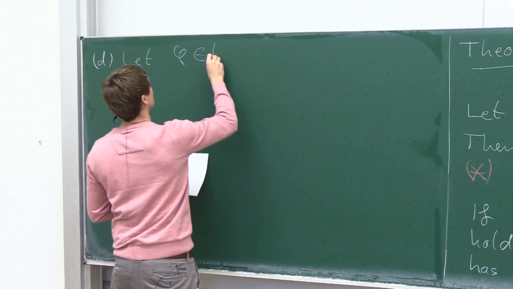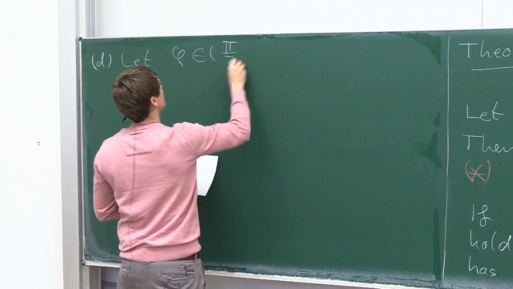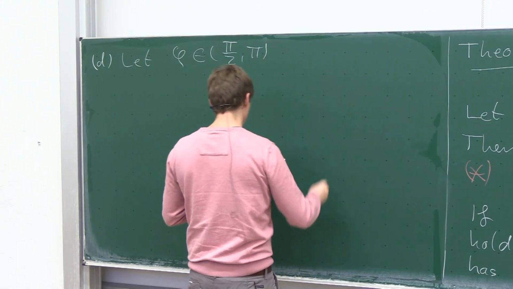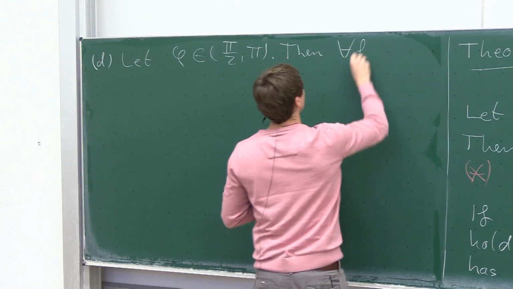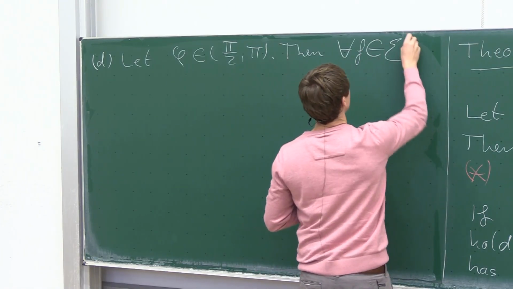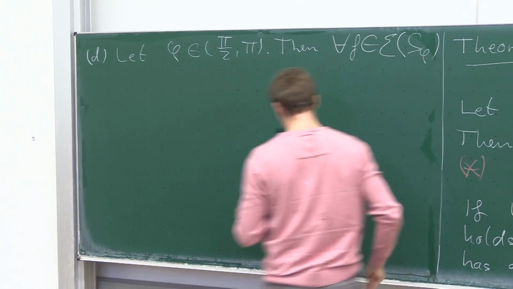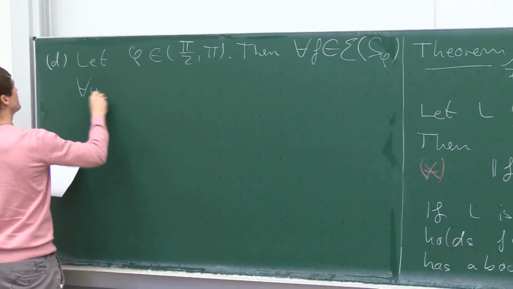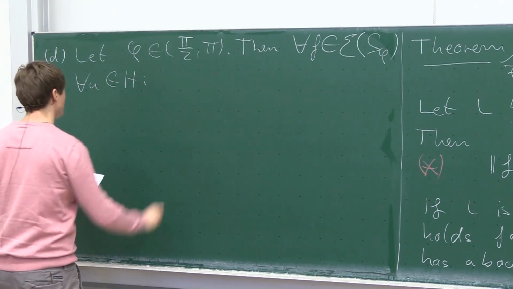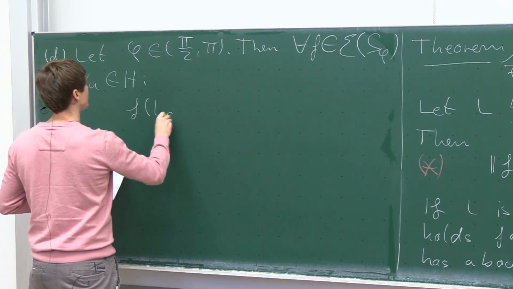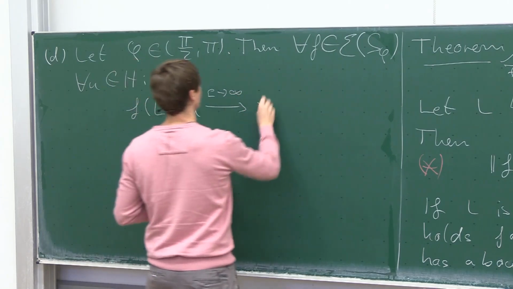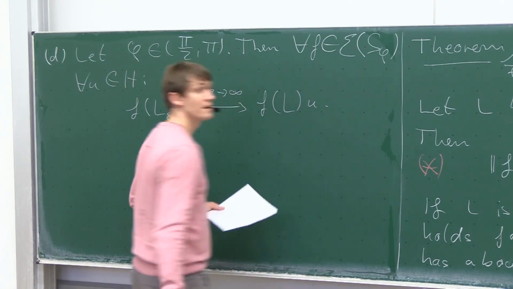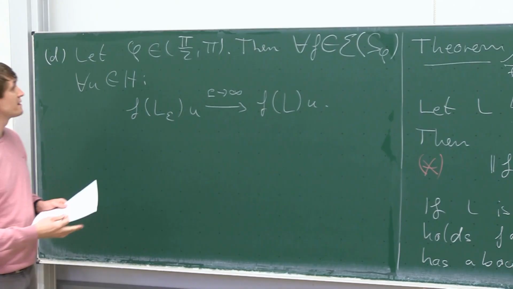So let's say we take some angle phi between pi over 2 and pi, then for all elements f in the Dunford-Riesz class E of S phi, and for all u in our Hilbert space, we find that f of L epsilon strongly approximates as epsilon goes to 0 the operator f of L. All right, and this will be in the end of the proof.